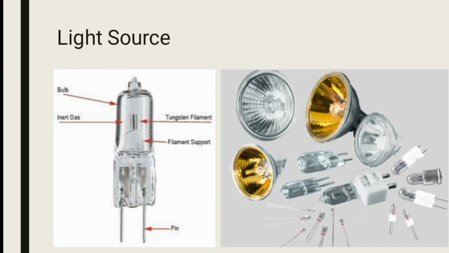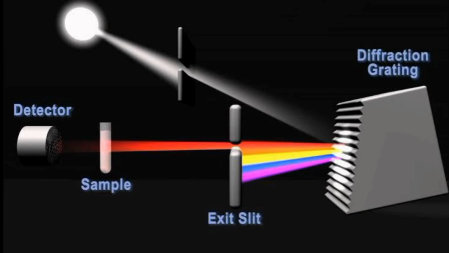Again, this is the source of light which passes through the entrance slit and then strikes the diffraction grating, which converts a single light into different wavelengths of light, and one specific wavelength of light passes through the exit slit and strikes the sample.